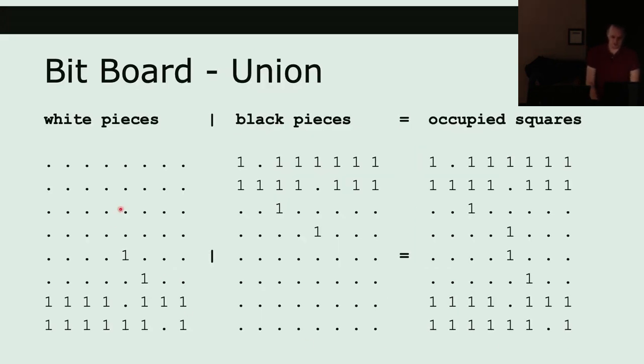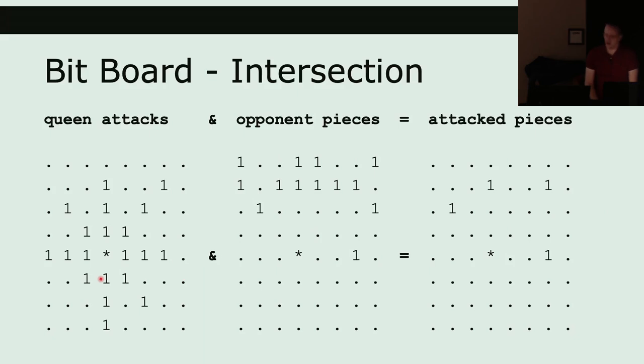So let's say I want to know all the occupied squares on the board. Well, here we go. I take the white pieces, OR them with the black pieces, that's the union, and now I have the occupied squares for the board. Let's say I have a bit board where my queen is here, right? I have a bit mask. A bit mask is essentially just a bit set that I'm going to use for a specific type of operation.